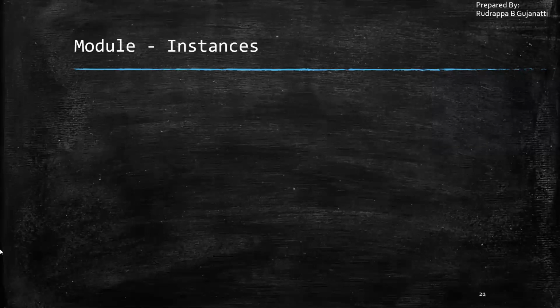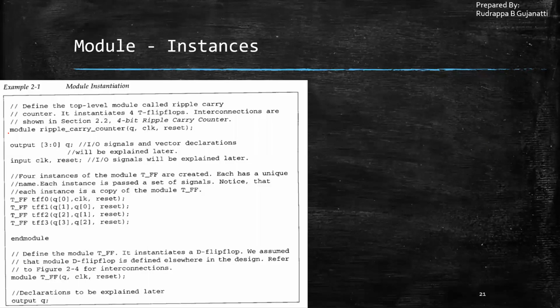Here we have one example. Don't worry about the syntax and other stuff, because later we will get to know how it is written, what has to be done, what is output, what is input, what is wire. These all things will be coming later. Here we are defining a module called ripple carry counter. The name of the module is ripple carry counter, and it has three terminal lists: Q, clock, and reset. Then we have terminated it.